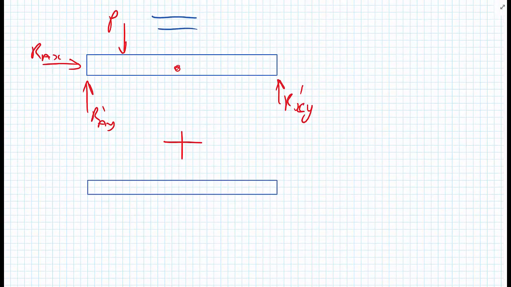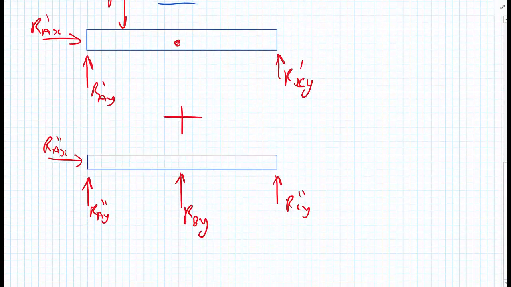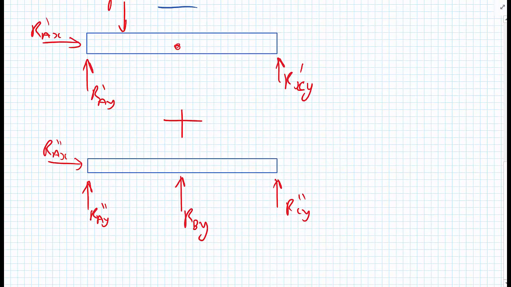another structure, so we still have a vertical reaction RAY, let's call this dash dash because it's different again, RAX dash dash, and RCY dash dash, plus some force RBY, the real reaction in the original structure we considered, that would get rid of the displacement.